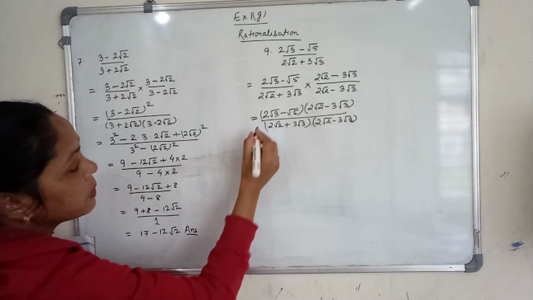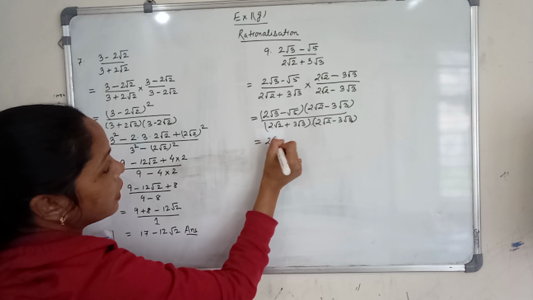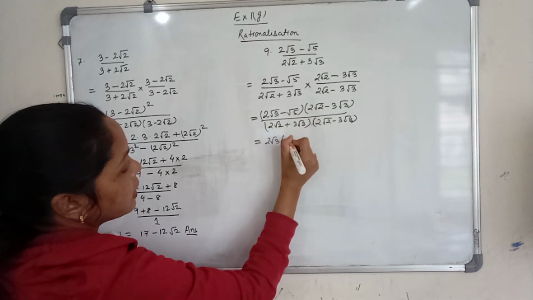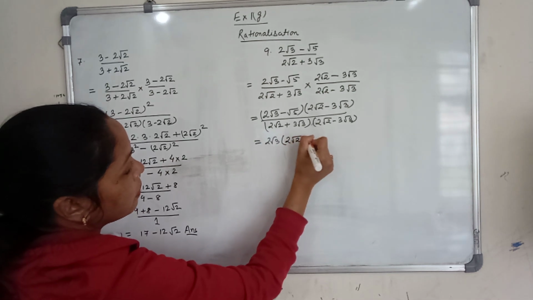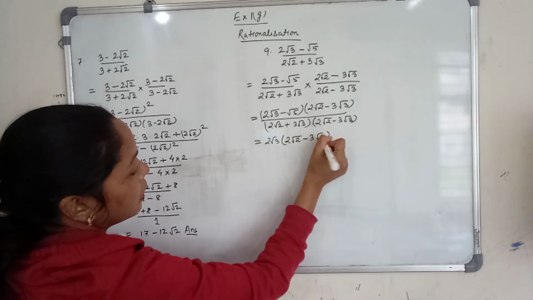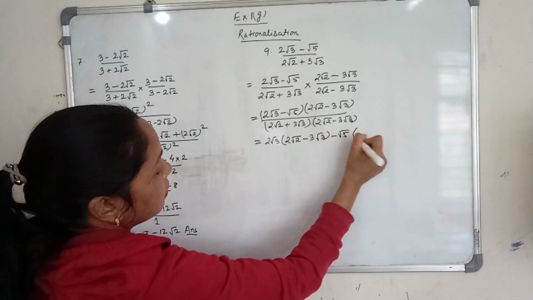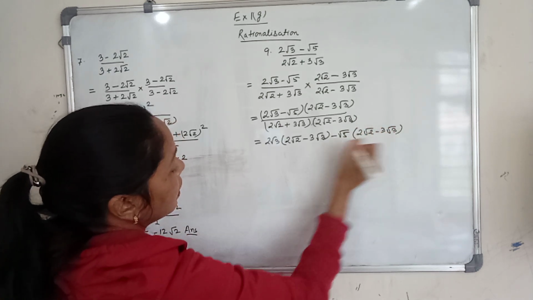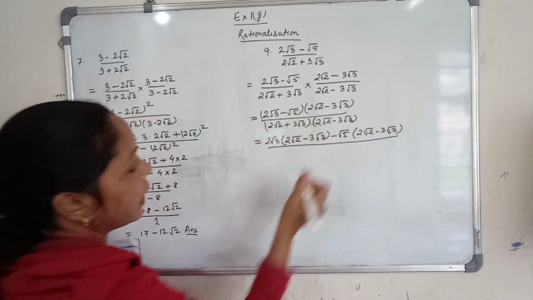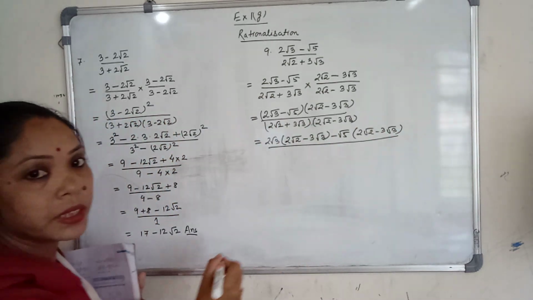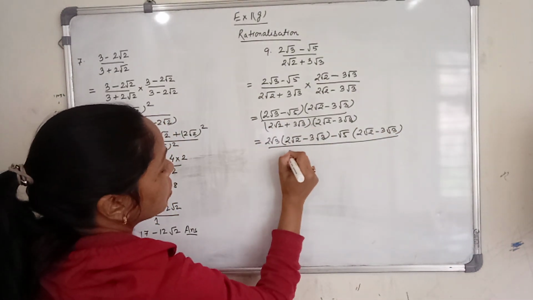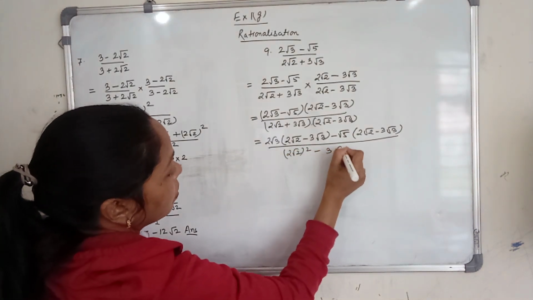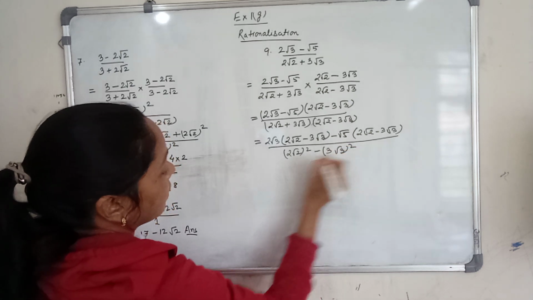So this one becomes 2 root 3, take the first term of the first bracket and write down the second bracket: (2 root 2 minus 3 root 3), minus root 5 (2 root 2 minus 3 root 3), by, this is again (a plus b)(a minus b), so a square minus b square. So (2 root 2) whole square minus (3 root 3) square.